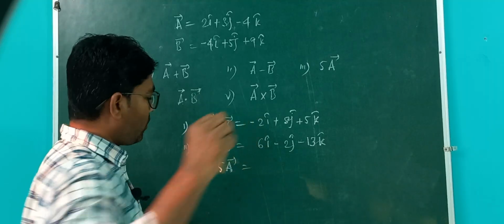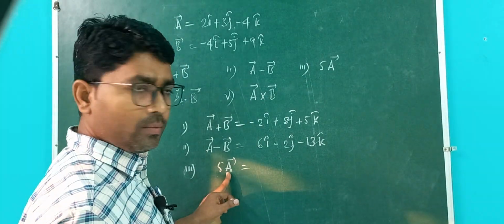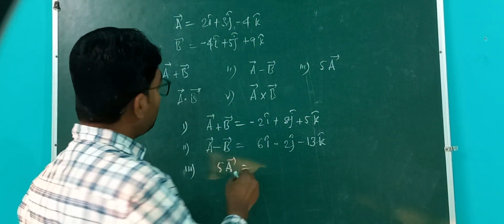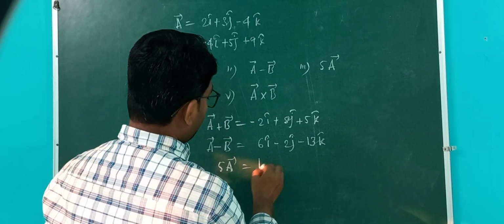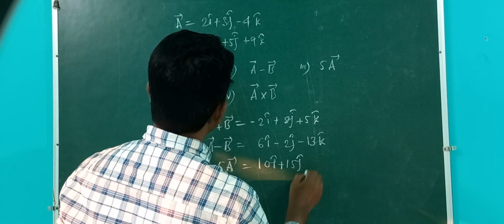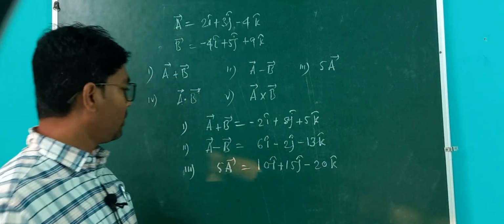Number 3, 5A. What is this? This is scalar multiplication of the vector A. Just multiply 5 with all components of the vector. That is 5 times 2 is 10i, 5 times 3 is 15j, 5 times minus 4 is minus 20k. Clear?